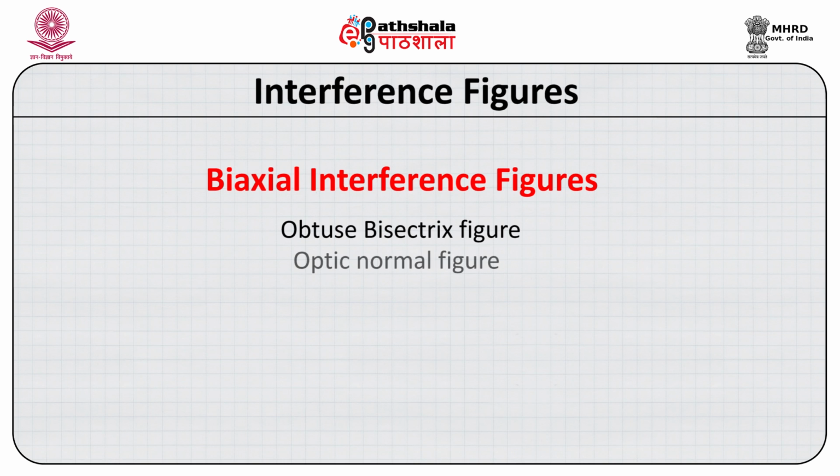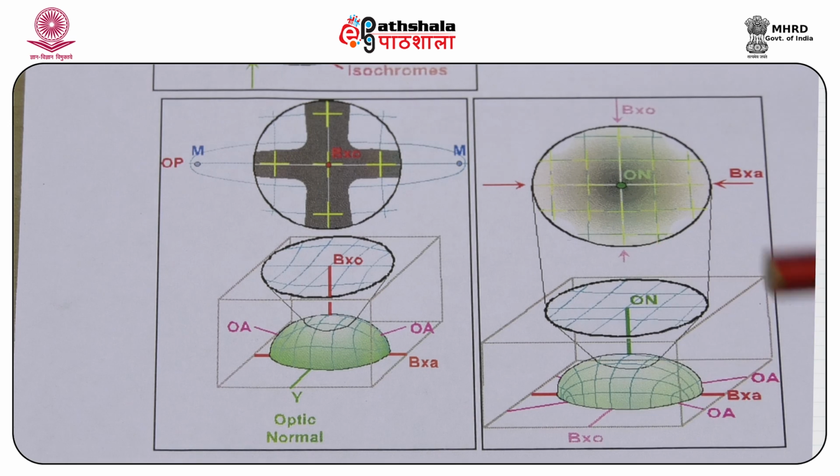As for the optic normal figure, also called the flash figure, it is produced when the optic normal is vertical. Here you can see that this is the optic normal, which is vertical. Grains oriented to produce this figure display maximum retardation, as the X and Z directions in the indicatrix are horizontal.